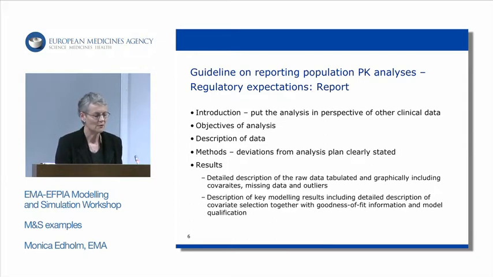The introduction should put the analysis in perspective of other clinical data, and it's important to describe the results in detail, to describe the raw data, the covariates, the missing data and outliers, and describe the modeling, including a detailed description of covariate selection together with goodness of fit information and model qualification.